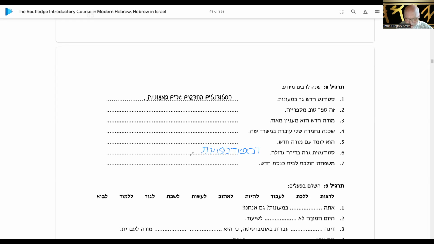Okay, studentiot. So the students, and these are going to be female students. Notice because it uses the ot ending, garot. And that garot is the feminine plural of dwelling. Garot, but dirot in large apartments. I'm going to do that because that's how they frame the last question, and I hope I get it right. We'll see.